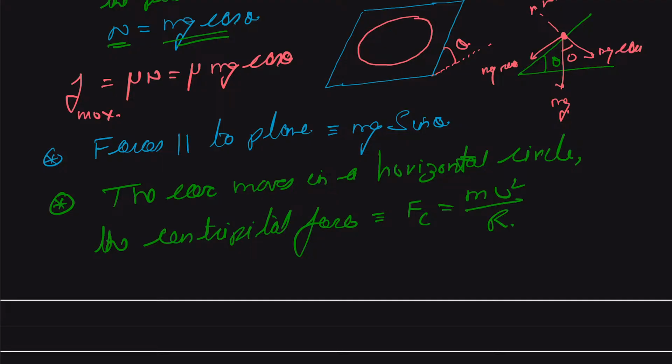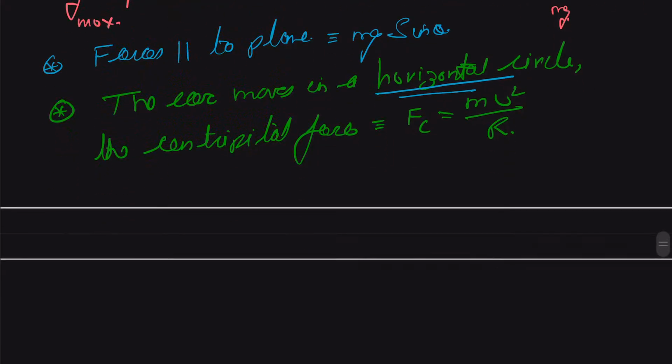Okay. And we have to remember that this centripetal force will always be horizontal and it is always going to point towards the center of the circle. And this is when our circle is horizontal. Okay, but in the given question, the circle is in the plane and that plane is at an angle of theta. So the circle is not actually horizontal, but it's making an angle of theta with the horizontal. So we have to remember this.